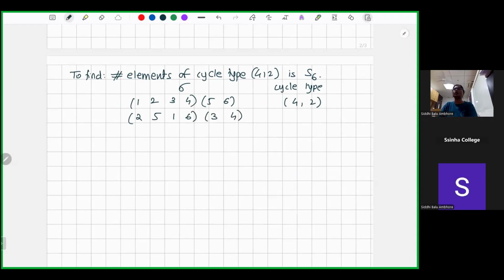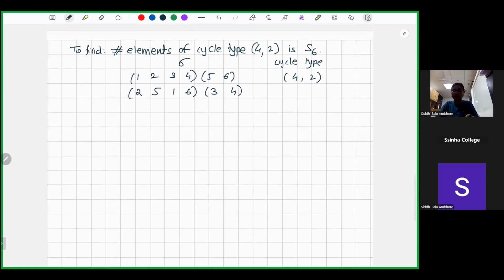These are all elements of cycle type 4 2, and now we have to calculate the number of such elements. So how to proceed with it? Any guesses?